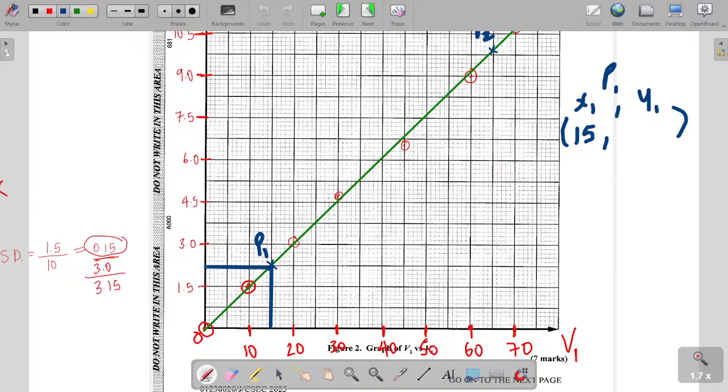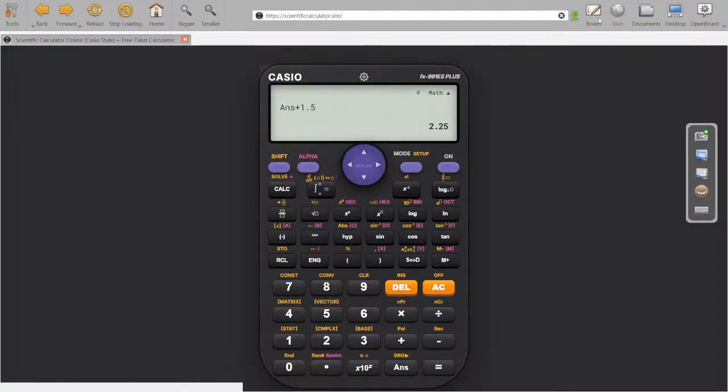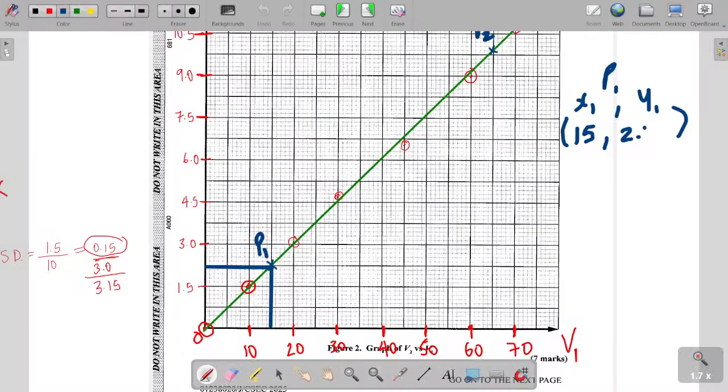So this mark here is 2.25. And another way you could do this is to just add 0.15 to 1.5 until you get to the halfway mark.